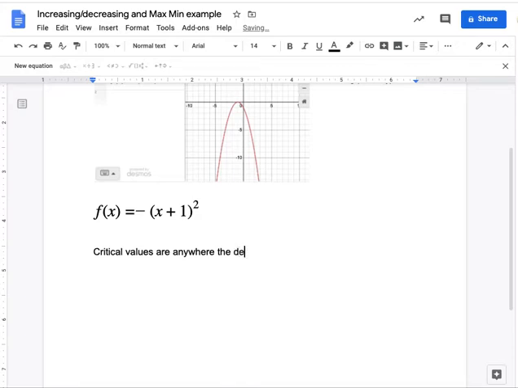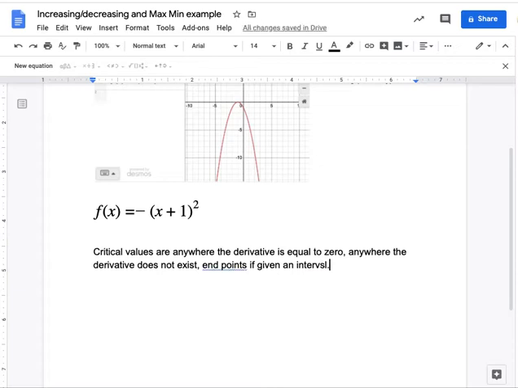Anywhere the derivative is equal to 0, anywhere the derivative does not exist, and in some circumstances you might have endpoints or interval values for your function, and those are potential critical values, so we'll say endpoints if given an interval, which in this case we were not given an interval.